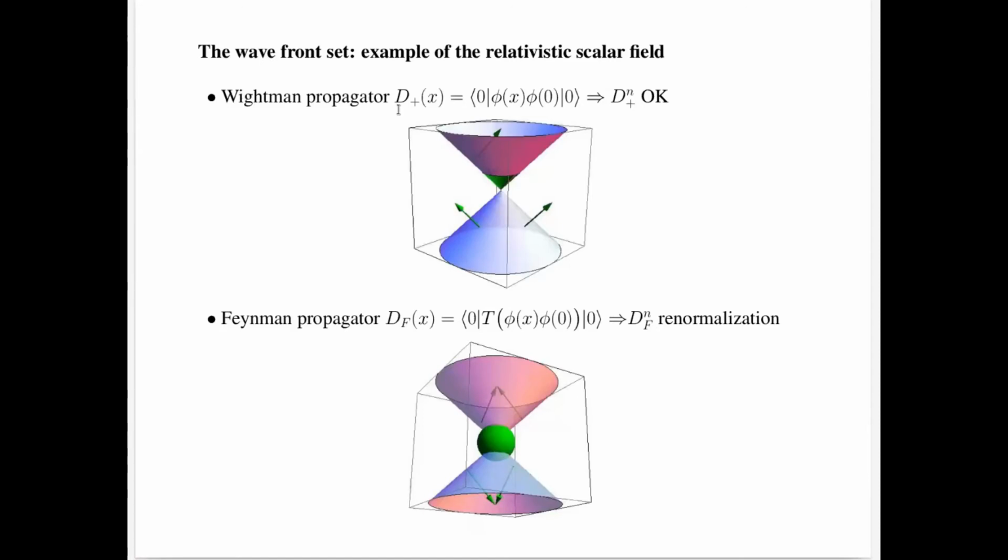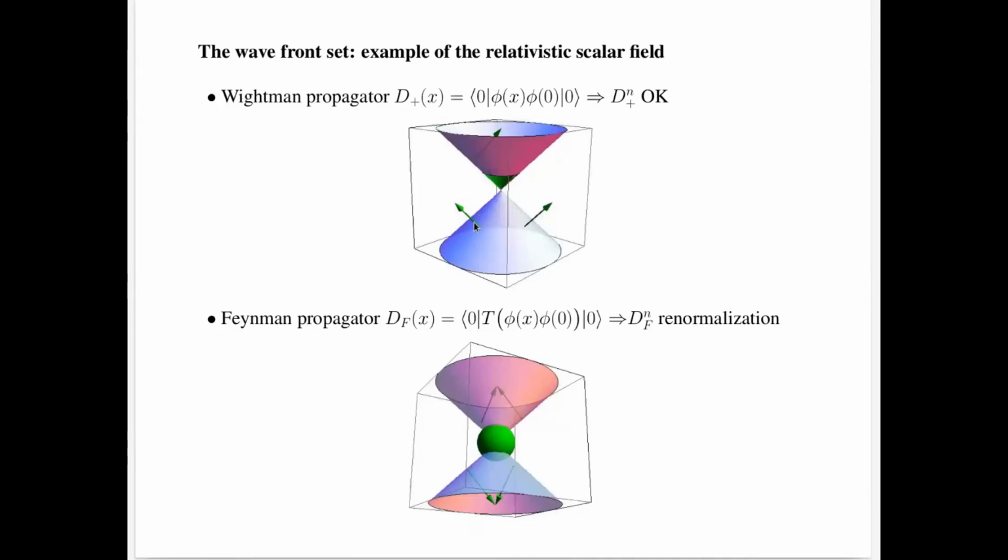It's a distribution. The singular support is the light cone, the one that is written in blue. And for each point of the light cone, there is one direction in the Fourier transform where the Fourier transform does not decrease fast. And this is given by this arrow here.